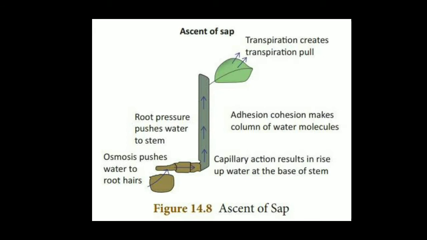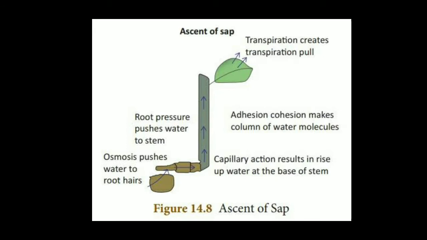Two things are happening. One is the capillary action, the other is the force of adhesion and cohesion. Capillary action results in a rise upward at the base of the stem, and capillary action is seen in other things as well.